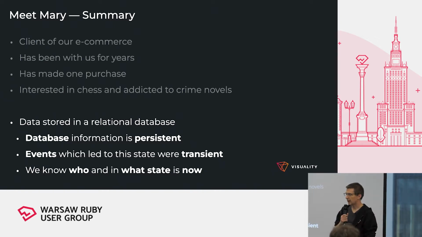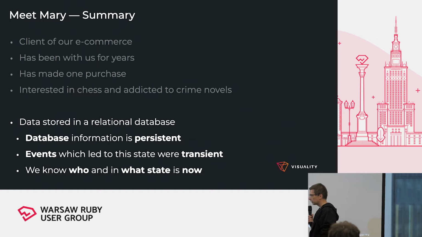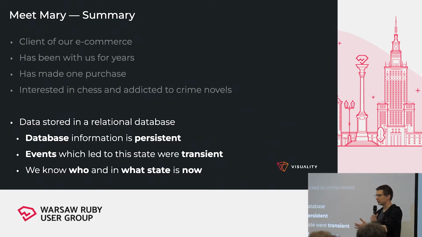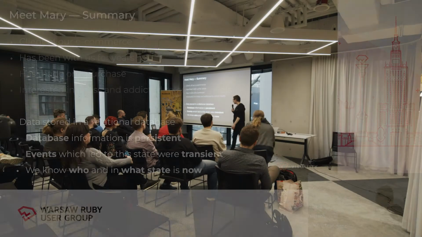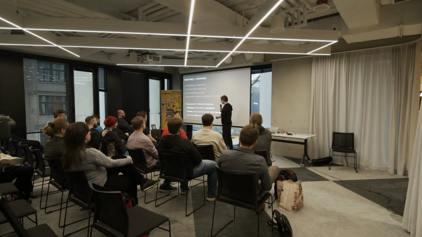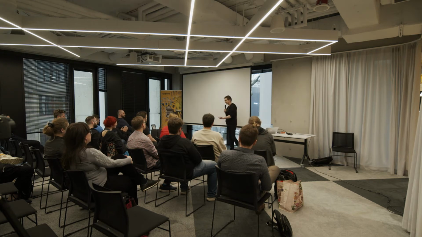She has added shipping information. She has added something to cart. She has changed quantity in cart. But those events were transient. We didn't really care what they were. What we cared about was the final state of that information. At this point, we know who, Mary, what state is right now.